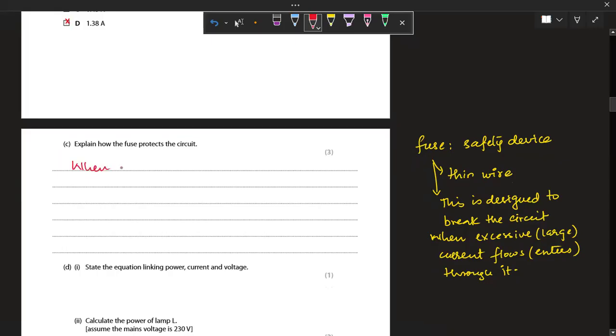When excessive current enters, the fuse wire melts. So what happens? The current is cut off.